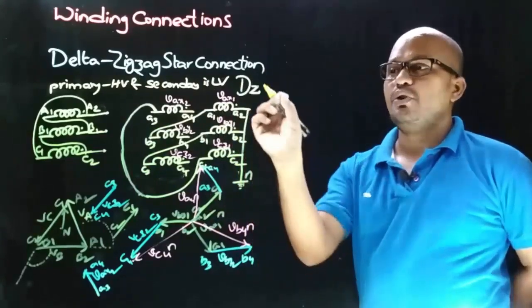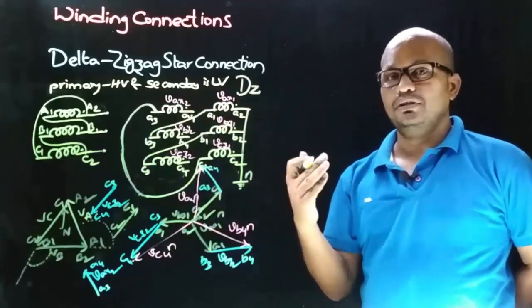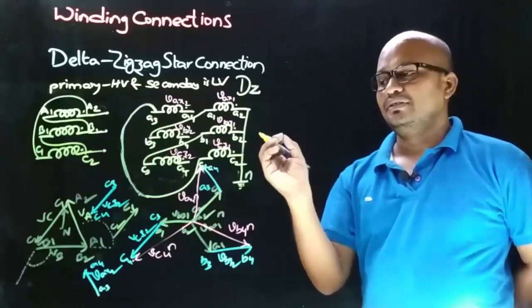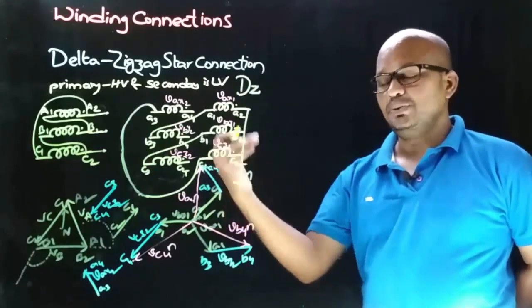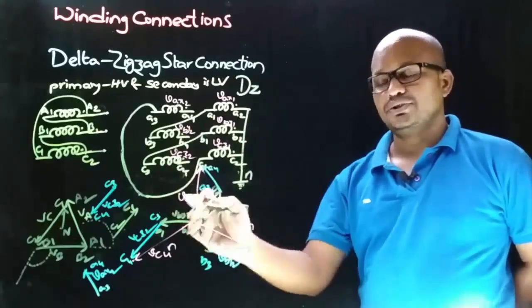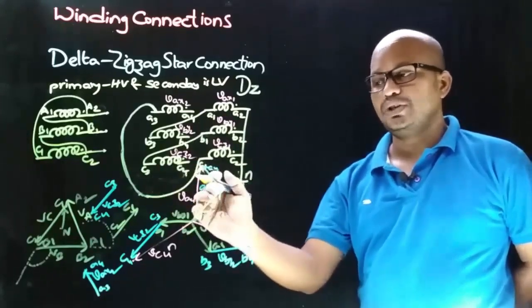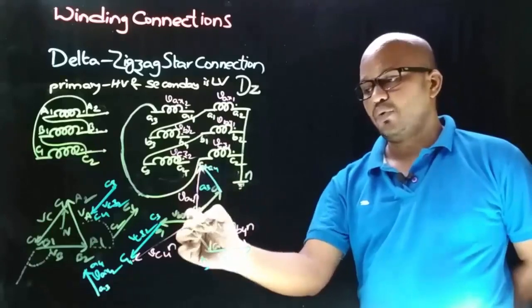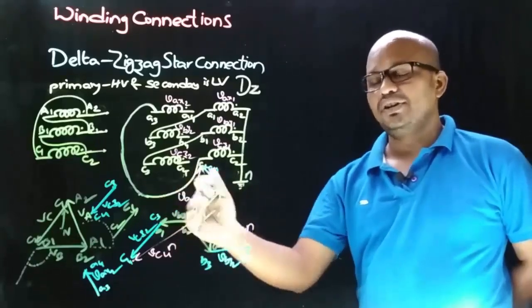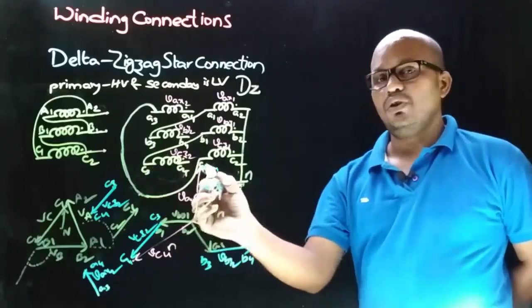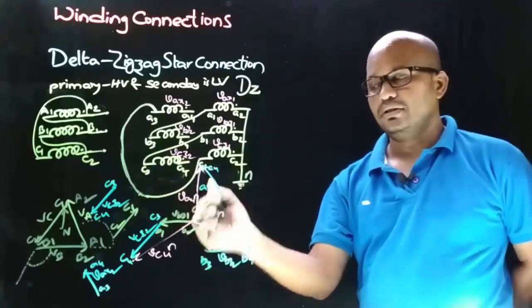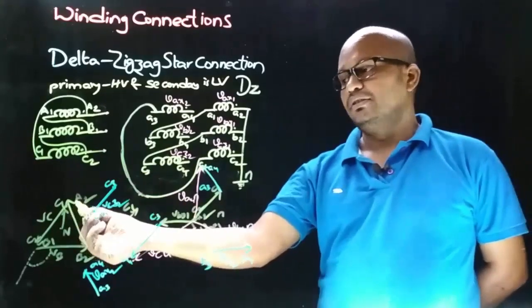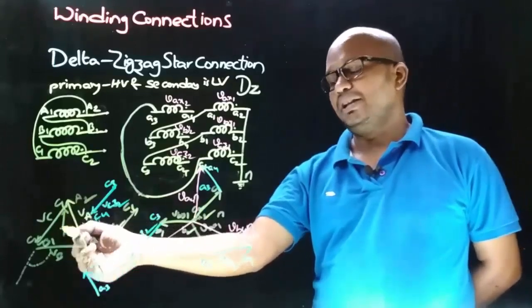And the third position of the vector group symbol is a numerical, which will indicate the LV winding phase neutral voltage displacement with respect to the HV winding phase neutral voltage. So on LV side, the phase neutral voltage, let that be A4N. Okay, here we are comparing the A phase. So here on LV side, the phase neutral voltage is A4N, and on HV side, the phase neutral voltage is capital A2N.